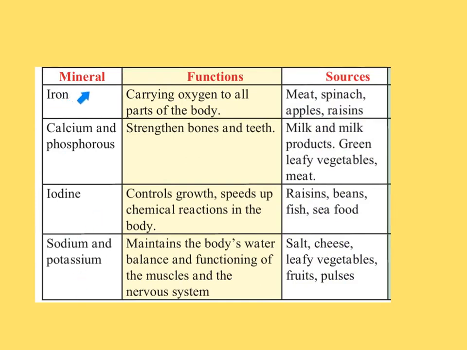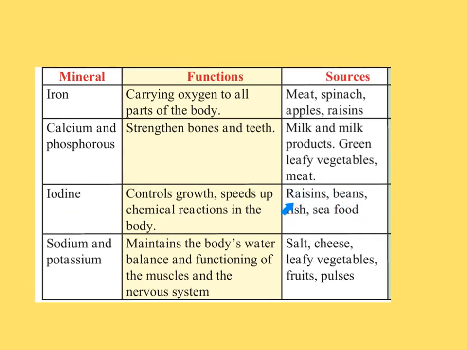So let us see the first one. The food items which are rich sources of iron are meat, spinach, apples and raisins. The food items that are rich in calcium and phosphorus are milk and milk products, green leafy vegetables, meat, etc. Now let us see which food items are rich in iodine.